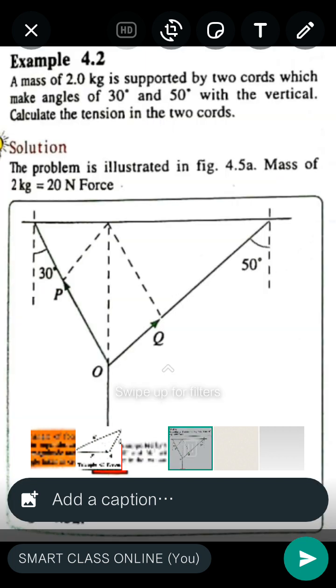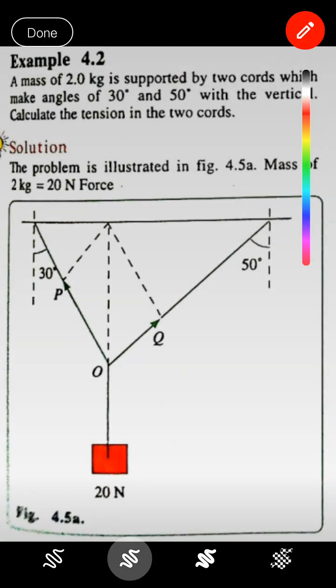So the diagram will be like this, showing that the force Q, which is tension in the cord, is inclined at 50 degrees to the vertical, and that of P is inclined at 30 degrees to the vertical. Then the weight is hanging downwards like this.